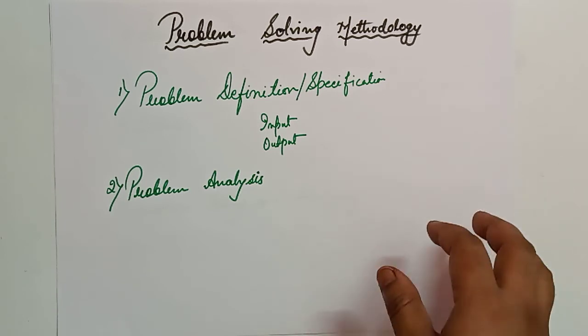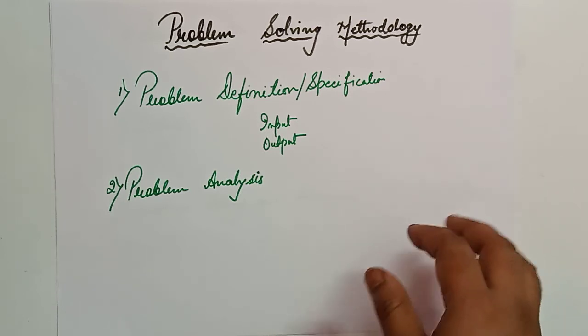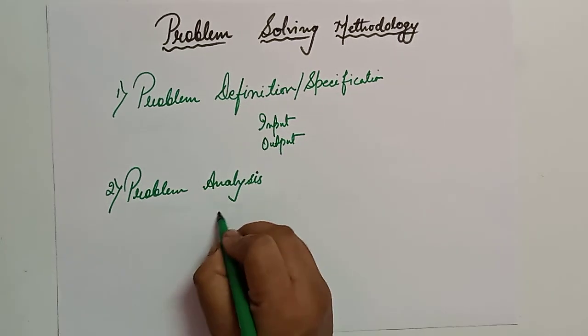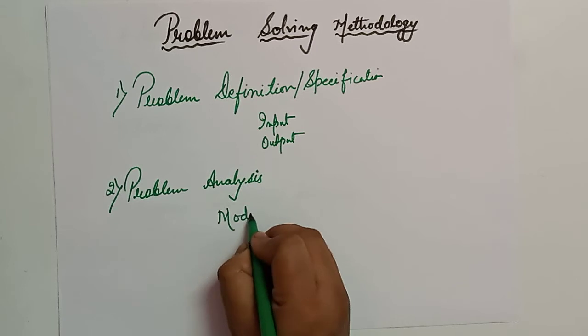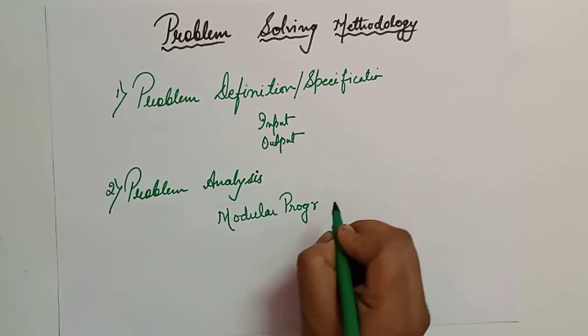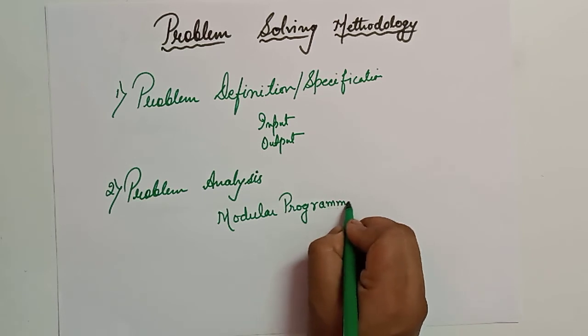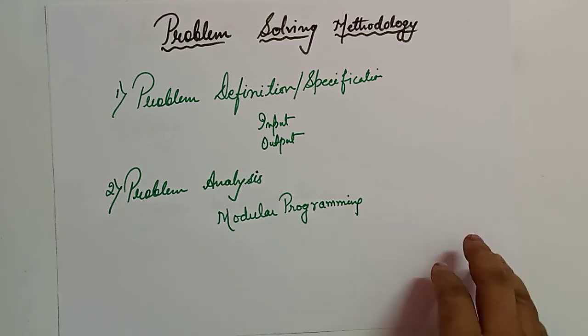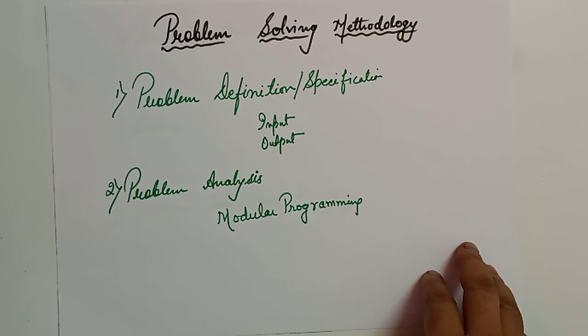Now there can be many approaches. Let's say the first one is modular programming. Modular programming is the act of designing and writing programs as functions that each perform a single well-defined task, with minimal interaction between the subprograms.